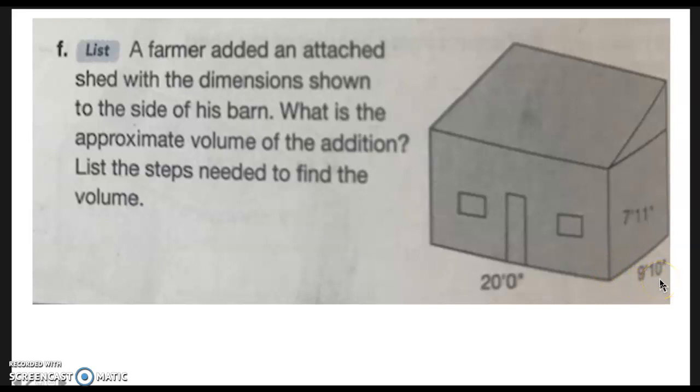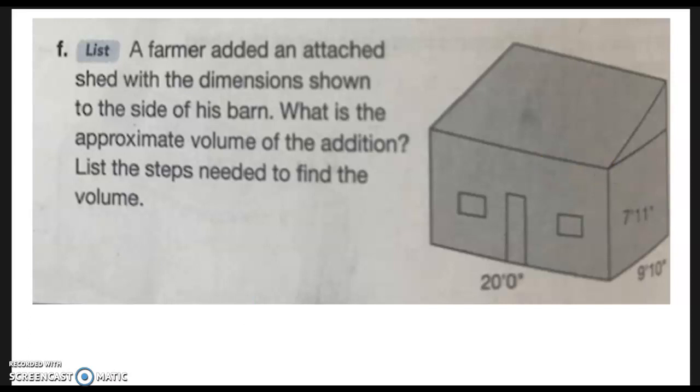And since there's 12 inches in a foot, let's go ahead and round this to 10. And then we have, oh, sorry, my book kind of cut it off. The height right here, this is going to be 10 feet 1 inch. So we're going to just round that one to 10. And then from here to here, just this height is 7/11. So we're going to round that to 8.